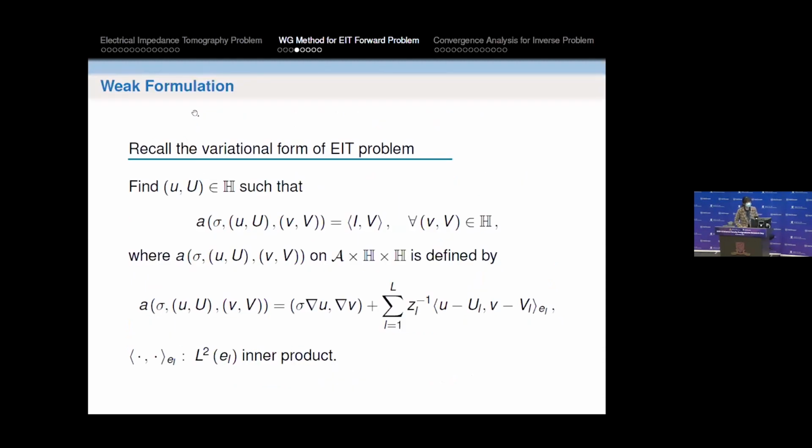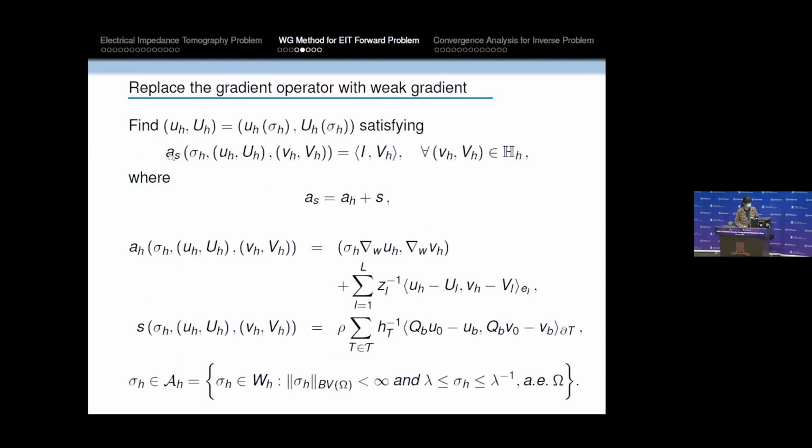Now we can write down the weak Galerkin formulation. Take the ERT problem as an example. Recall that for the forward ERT problem, we get this variational formulation. Now we use the weak Galerkin method. We replace this gradient with the weak gradient, and we use those weak Galerkin finite element spaces to approximate the solution U and capital U, just like this.